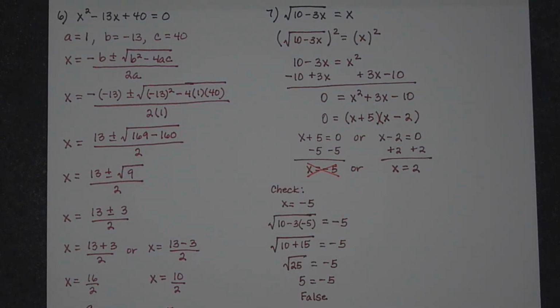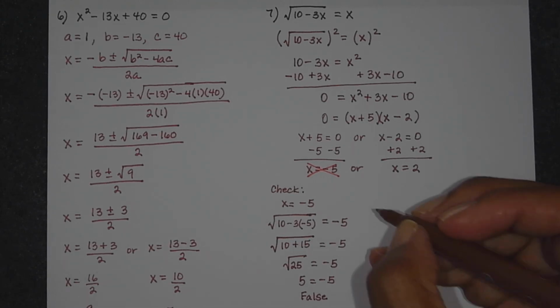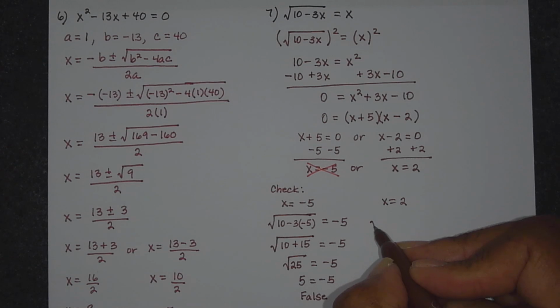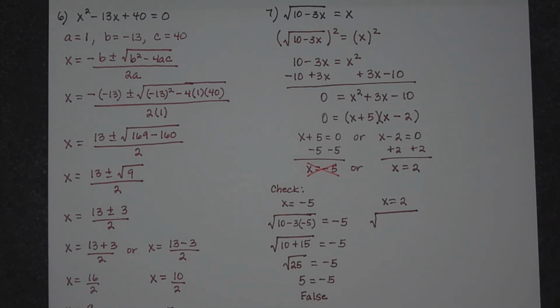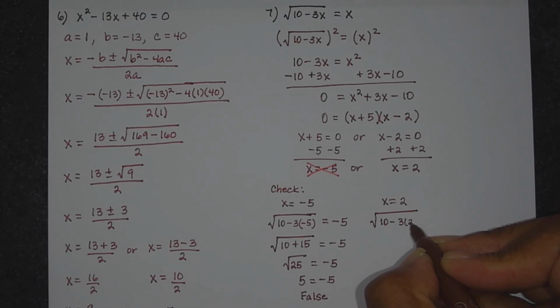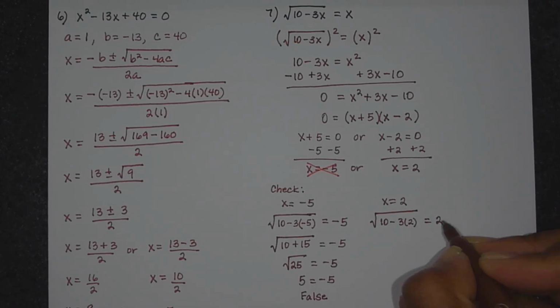All right, but what about for x equal 2? So again, I'm going to substitute every x in the original equation with 2. So this will be the square root of 10 minus 3 times 2. Now I want to know if that's going to be equal to 2.